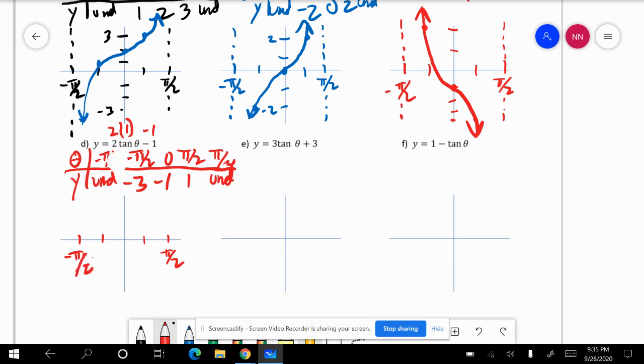And if we're looking at it, hopefully you notice my mistake. It should be negative pi halves, negative pi over 4, and pi halves. Our first one is undefined, and our last one is undefined. We have -3, we have -1, and what we have is 1. Remember, we want lines that approach the asymptotes.